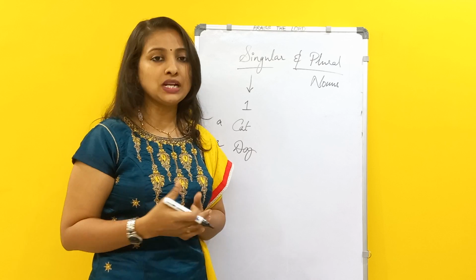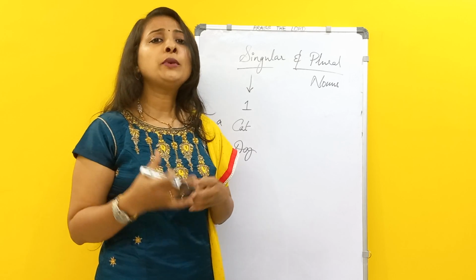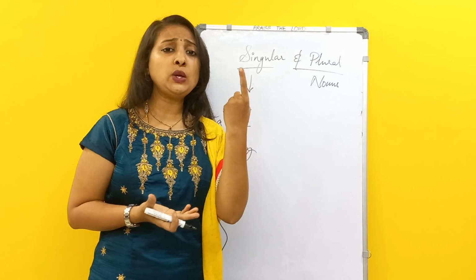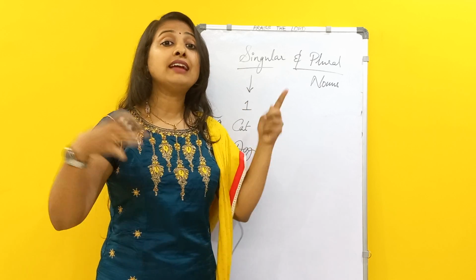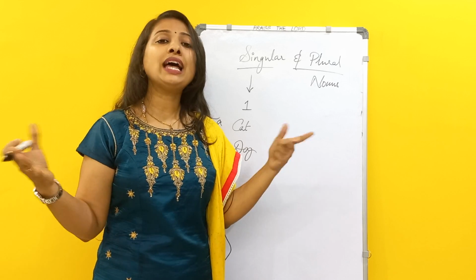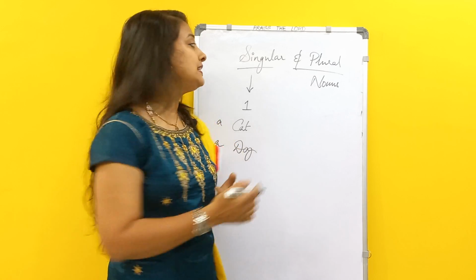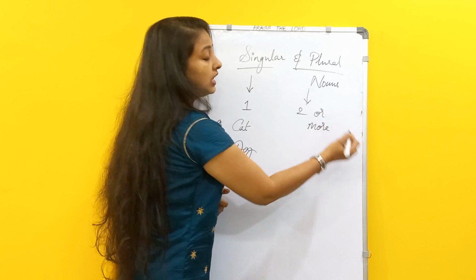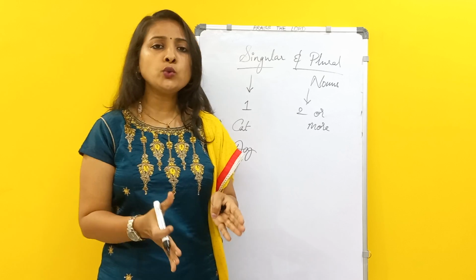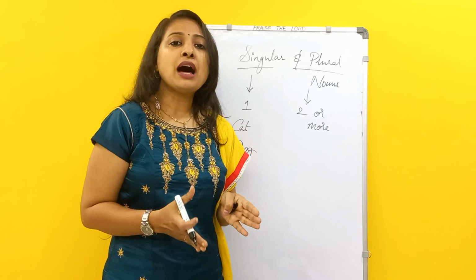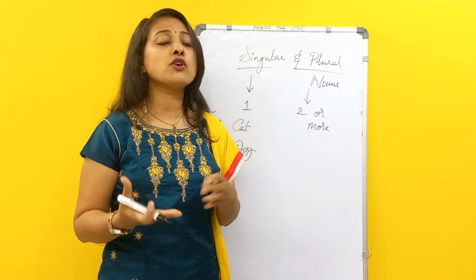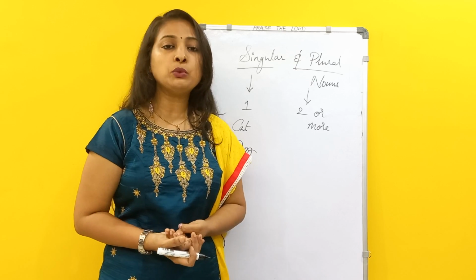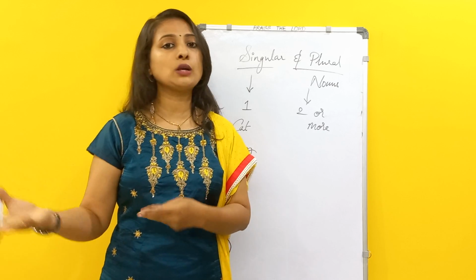So what is a plural noun? A plural noun is just the opposite. When it is only one, it is singular. When there are two or more, we call it plural. Any noun which is used to tell about two or more animals, things, places, because a noun is nothing but a naming word of animal, place, person or thing, right?